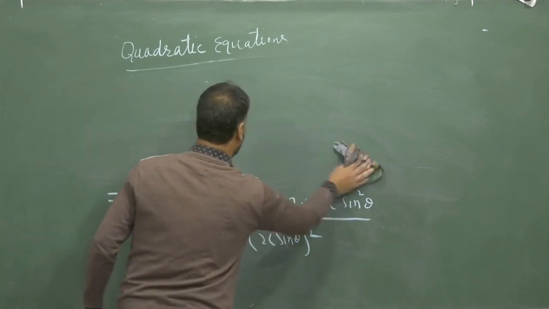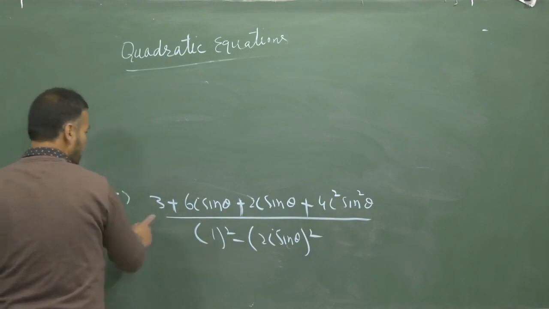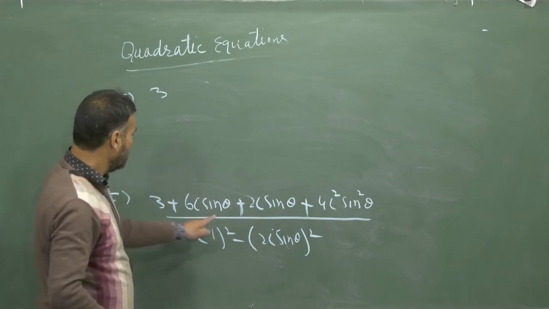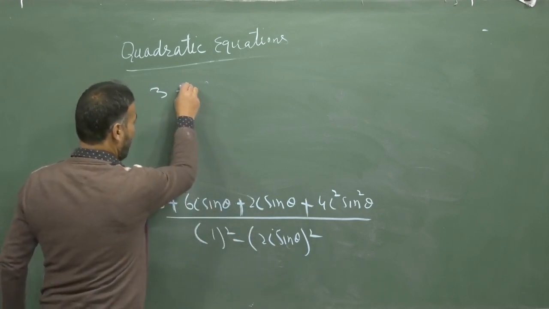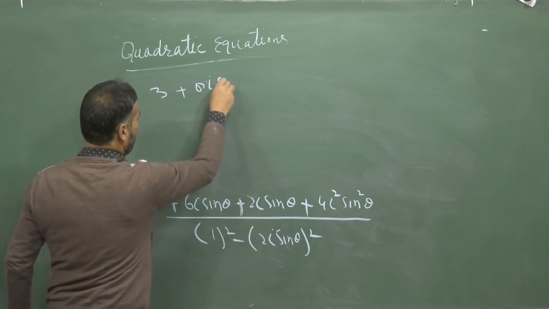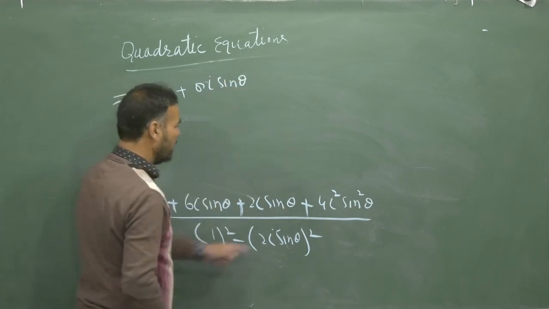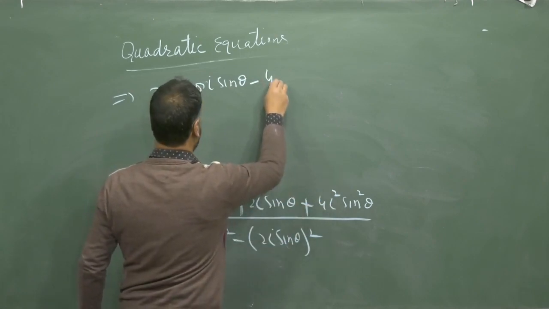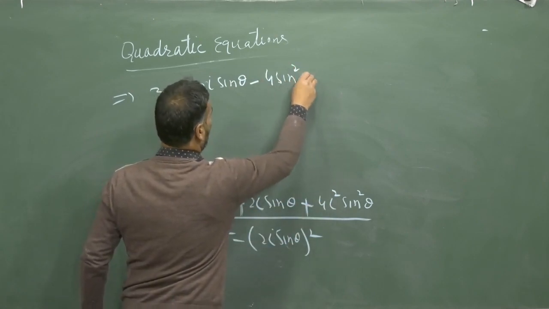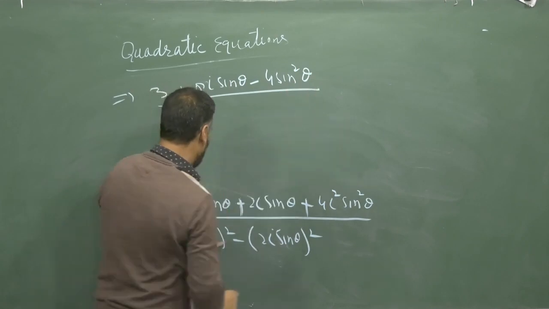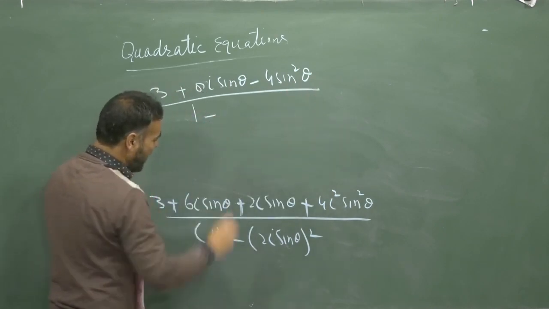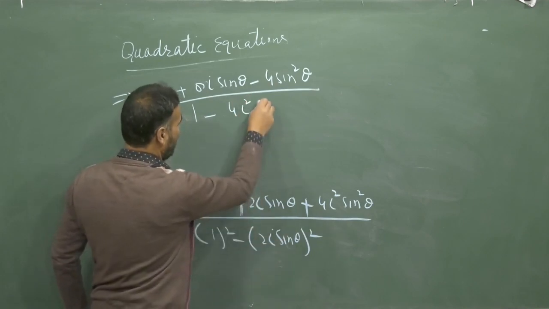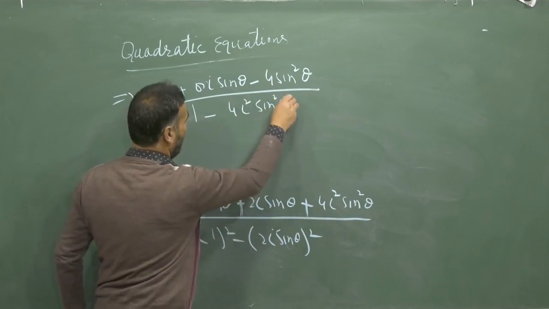The next part of this is 3 plus 6i and 2i, that will be 8i sin theta. It is plus 4i square, which will be minus 4 sin square theta, whole divided by 1 minus 2i square, which is 4i square, and it is sin square theta.